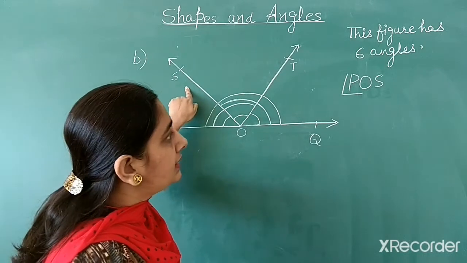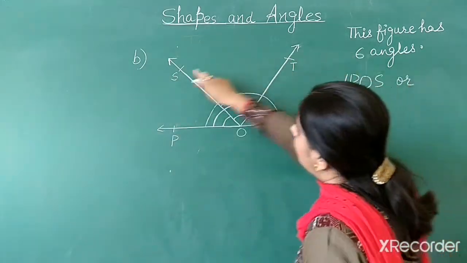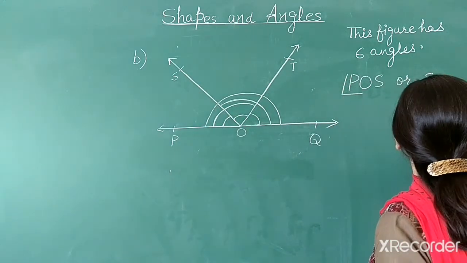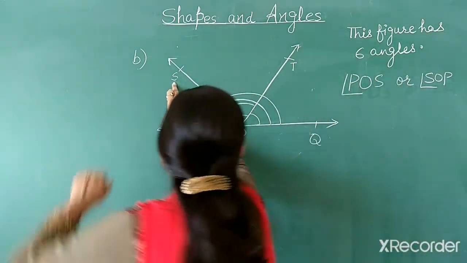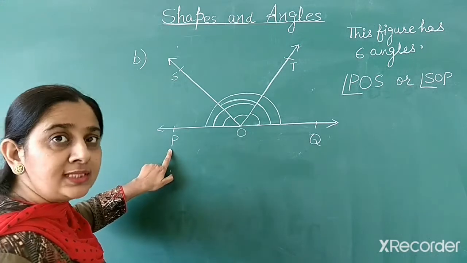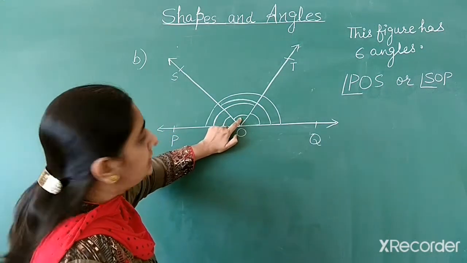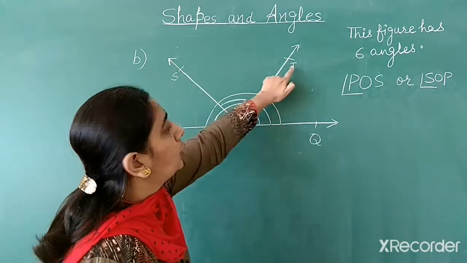The same angle can be named as SOP. You can write point S first of all, then write vertex, and then point on the second arm. Now we will write the name of this second angle. It is made by the arms OS and OT.